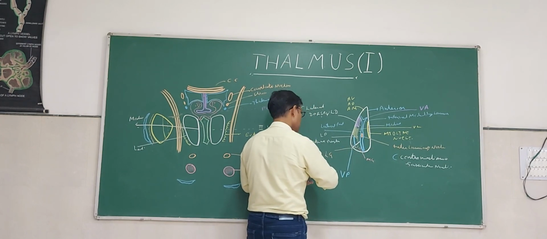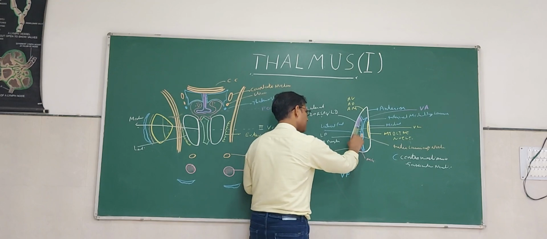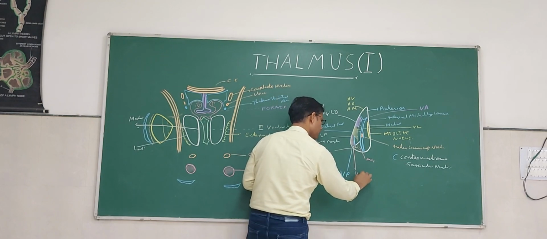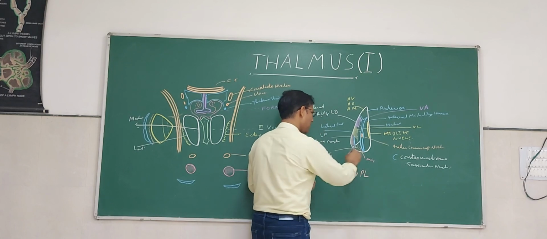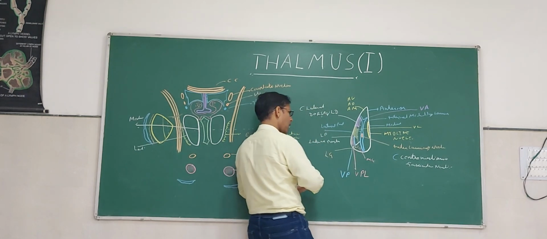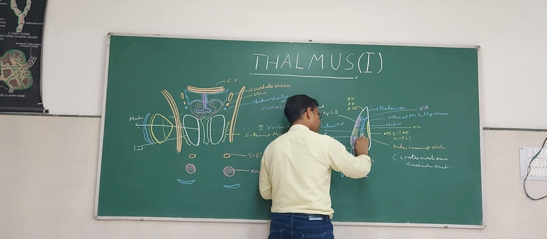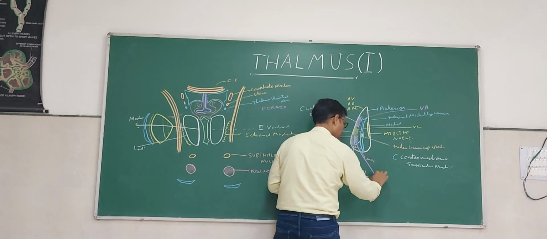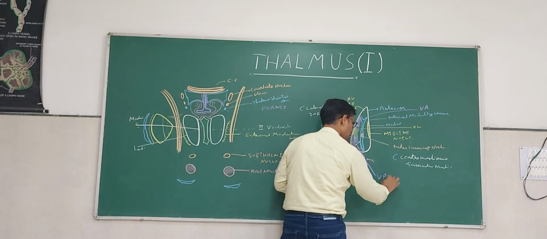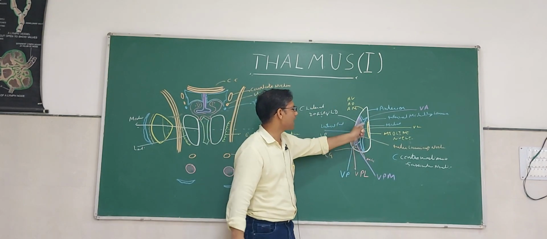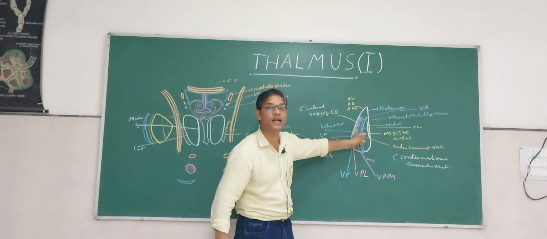This part is known as ventroposterolateral, and that part is known as ventroposteromedial, VPL and VPM. This is the division, and this nucleus is the medial group of nuclei.